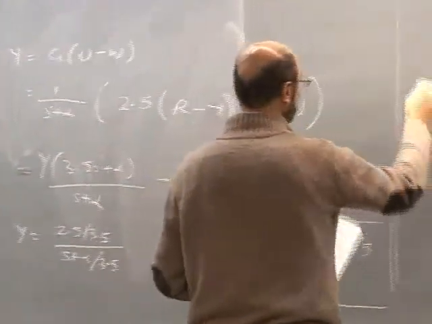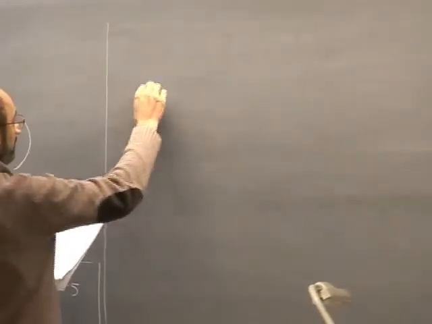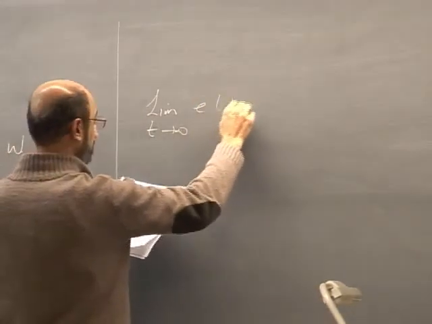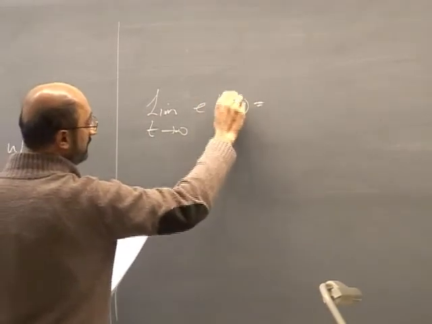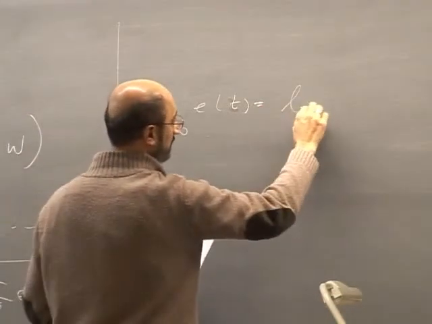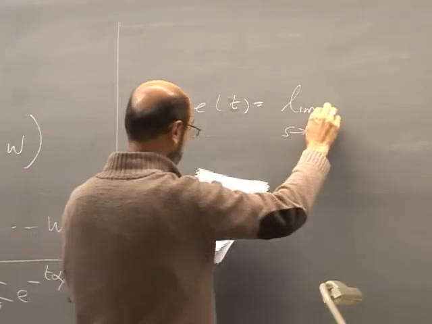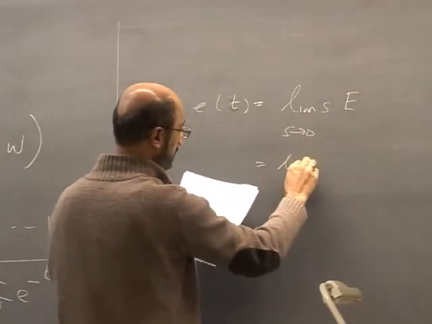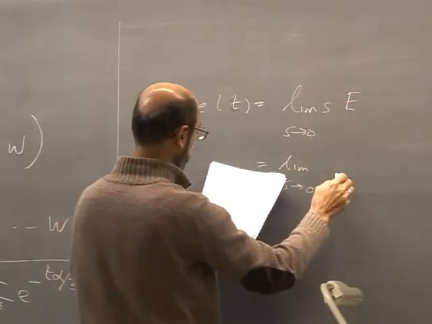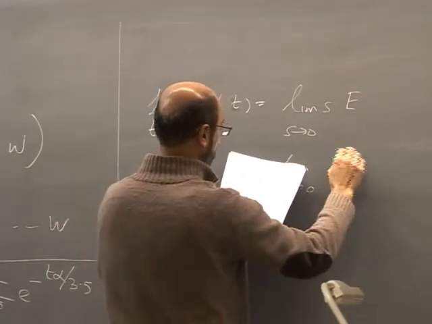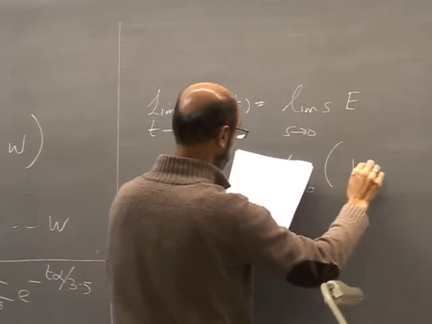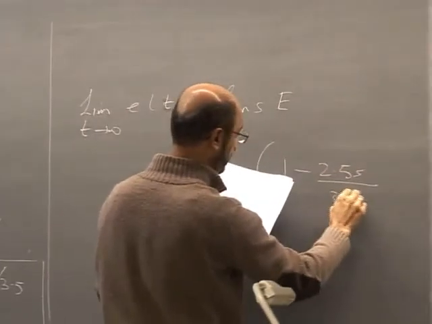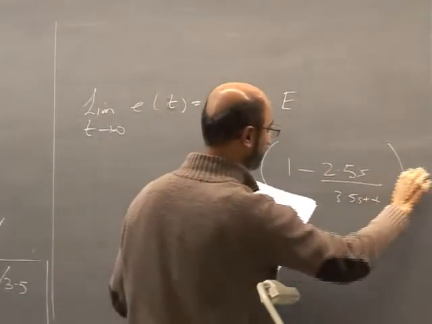And for the final value of the error, you want limit t tends to infinity e(t), which is going to be limit s tends to 0 of s E(s), which is going to be limit s tends to 0 of 1 minus 2.5 s by 3.5 s plus alpha, and this is going to be equal to 1.